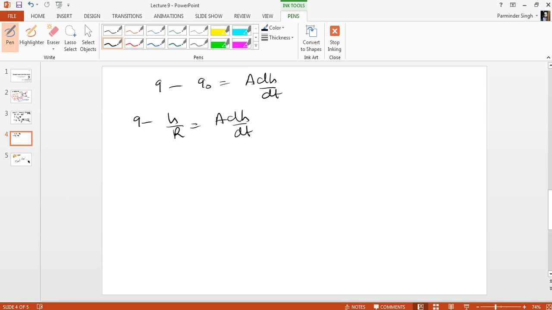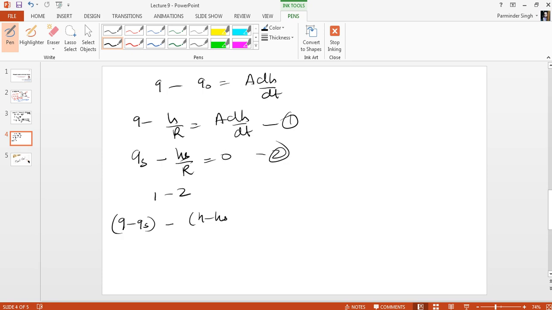Now under steady state, it will be Qs minus Hs by R equal to 0. So calling these equations 1 and 2, we can do 1 minus 2, so what we have is Q minus Qs minus (H minus Hs) by R equal to A d(H minus Hs) by dt.